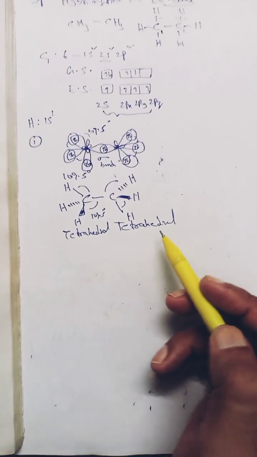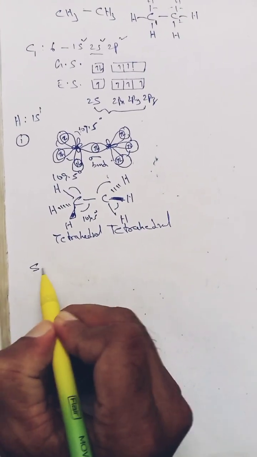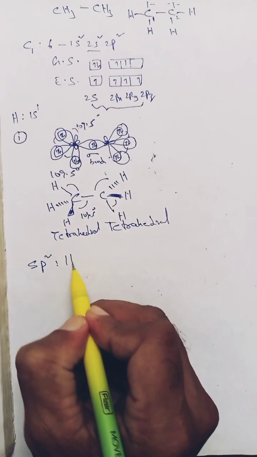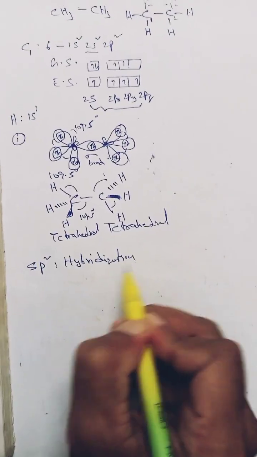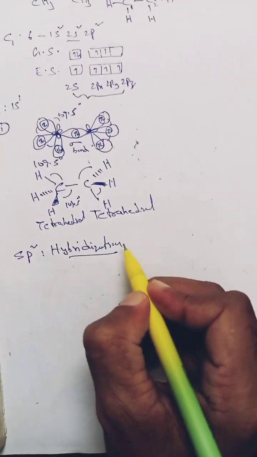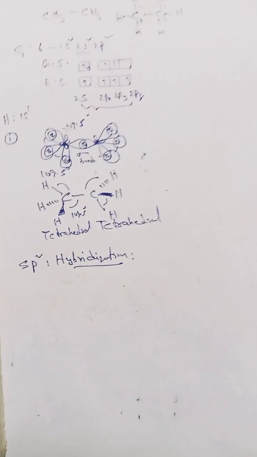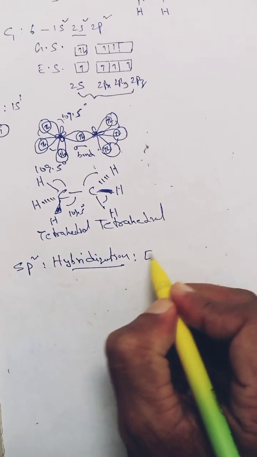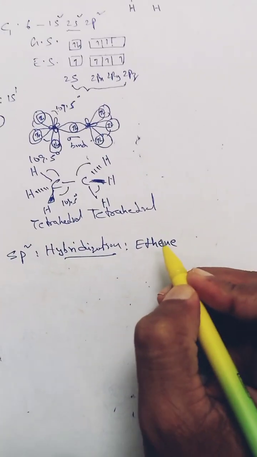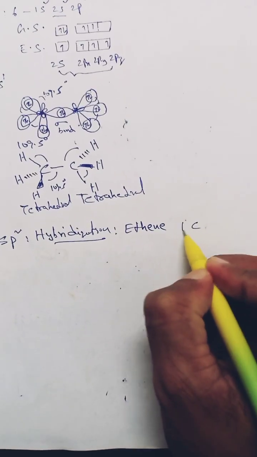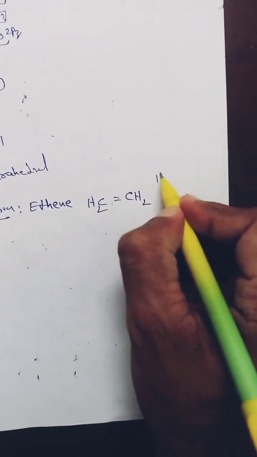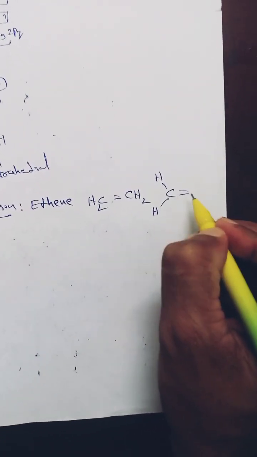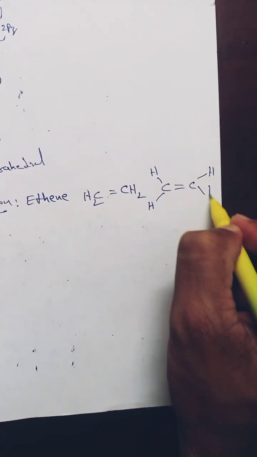After this, regarding sp2 hybridization, the example is ethene, and the ethene structure is CH2 double bond CH2, and we write that like this, CH2 double bond CH2.